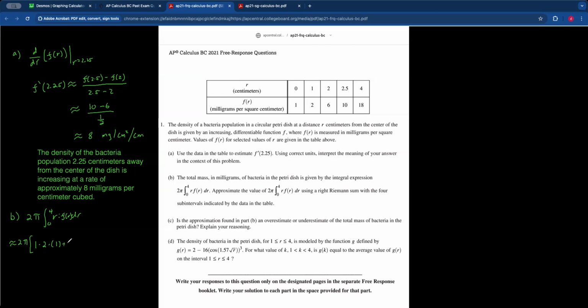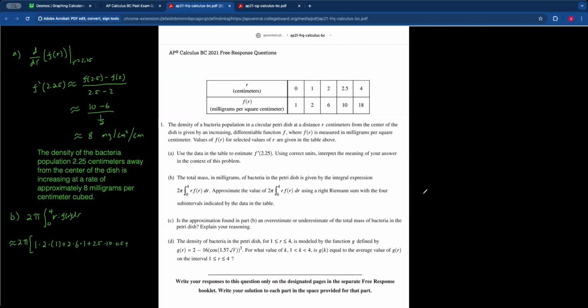And then we're going to add, radius is now 2 times f of 2 is 6 times the interval length, which is 2 minus 1, which is still 1, plus over here, r is 2.5, multiplied by f of 2.5, which is 10, multiplied by the interval length, which is 0.5.